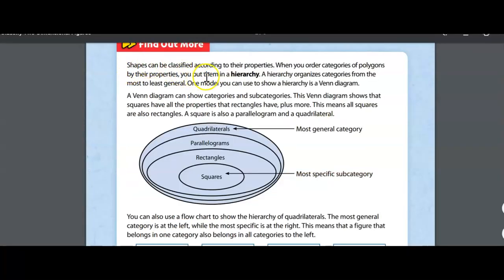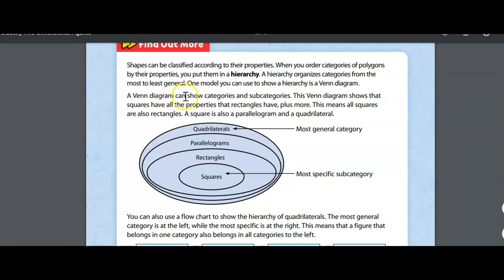Shapes can be classified according to their properties. When you order categories of polygons by their properties, you put them in a hierarchy. A hierarchy organizes categories from the most to least general. One model you can use to show a hierarchy is a Venn diagram.